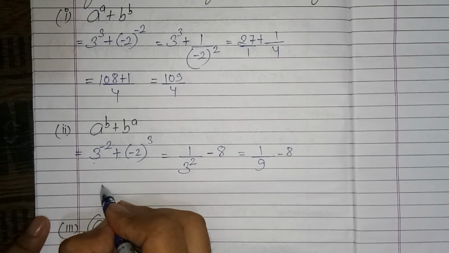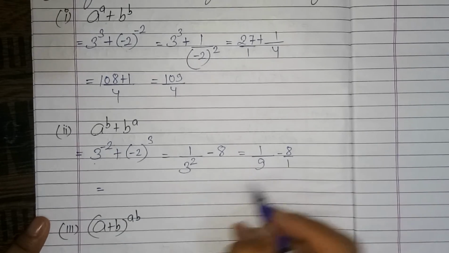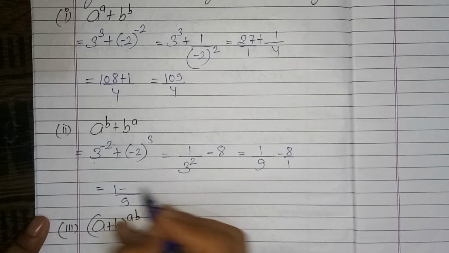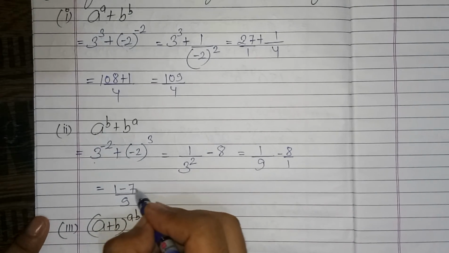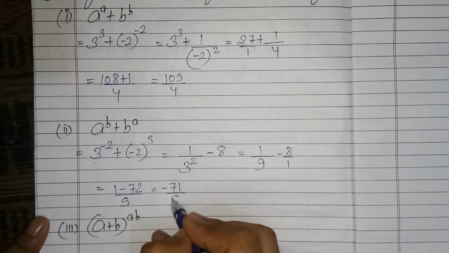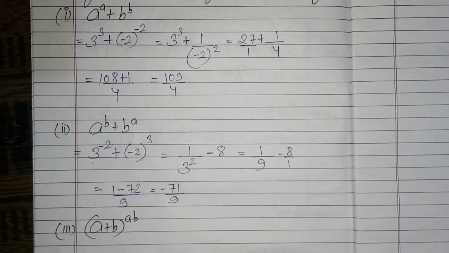If I take the LCM of these two numbers, it is simply 9, and 1 minus 8 times 9 is 72, which gives us minus 71 upon 9. So the answer of the second part is minus 71 upon 9.